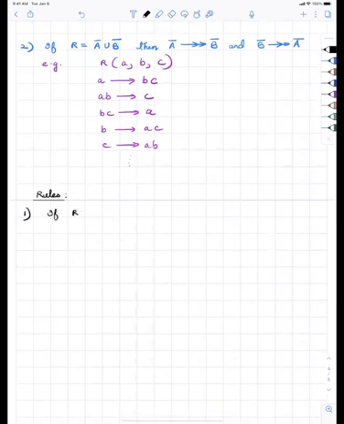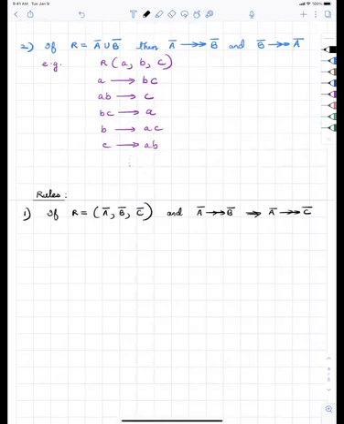If R is equal to A, B, and C this time, and you're given that A multi-value determines B, then that will imply that A multi-value determines C. So if you only have 3 attributes, A, B, and C, and if A multi-value determines B, then A will multi-value determine C. Okay, so that's rule 1.